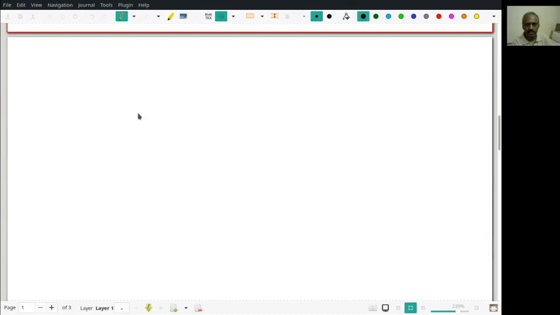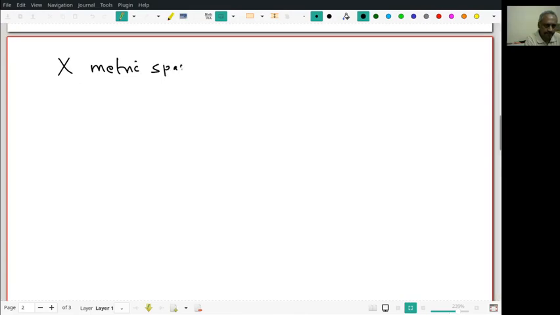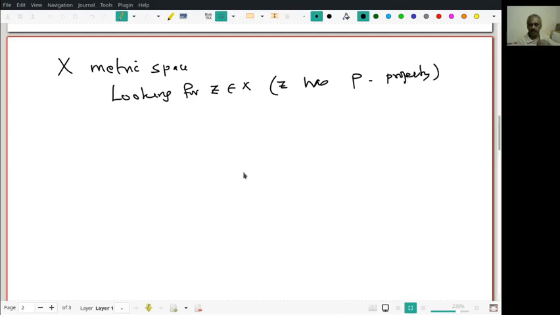So let us try to motivate how Baire category theorem addresses a problem I want to solve. Let us assume X is a metric space. I am looking for an element, let me call it z in X, such that z has some property, property P. Maybe I am looking for a solution, and then z is a solution, right?